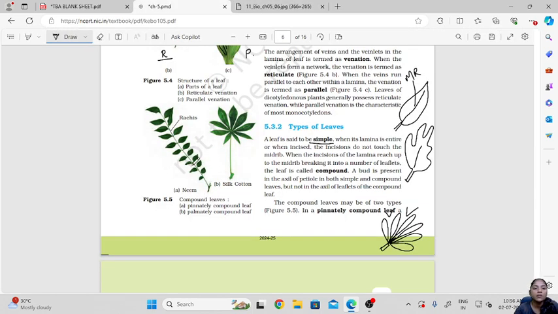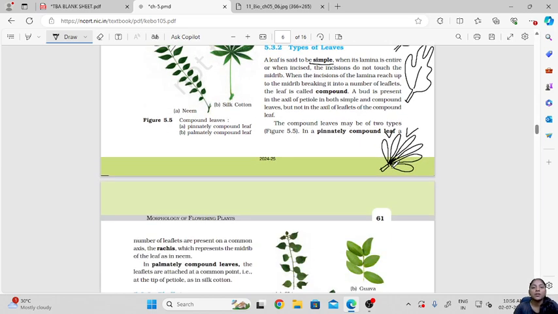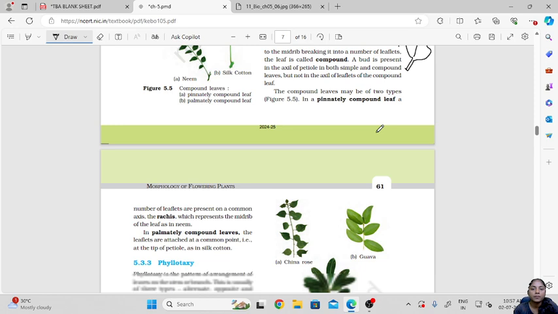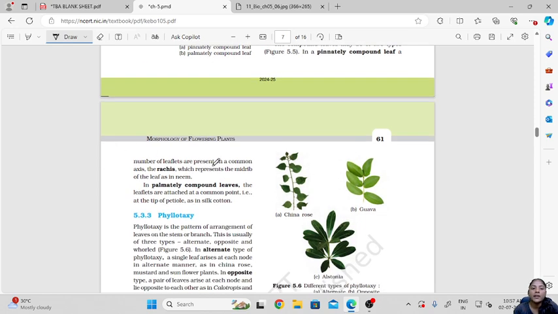Okay, so here we have the two examples of compound leaf. The first one here is the pinnately compound leaf and this one is the palmately compound leaf. So the compound leaves may be of two types. In pinnately compound leaf, a number of leaflets are present on a common axis, the rachis, which represents the midrib of the leaf.